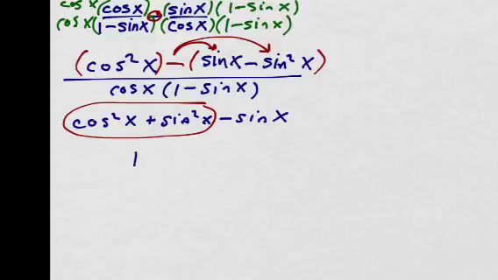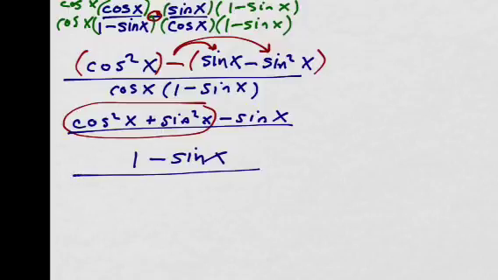So 1 minus sine of x. And that's the numerator, and I'm taking my time simplifying that numerator. The denominator is still cosine of x times 1 minus the sine of x.